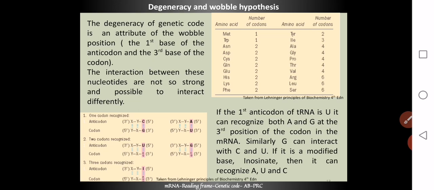That means the interaction between the third base of the codon and the first base of the anticodon is not that highly specific. It's not as strong as the interaction between the other two, and this gives some flexibility in the interaction. So this image also will give you an idea, right?